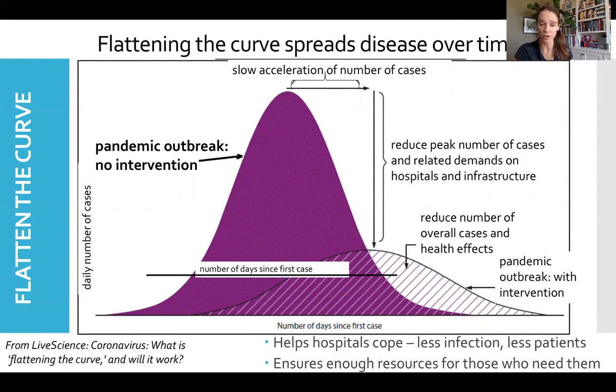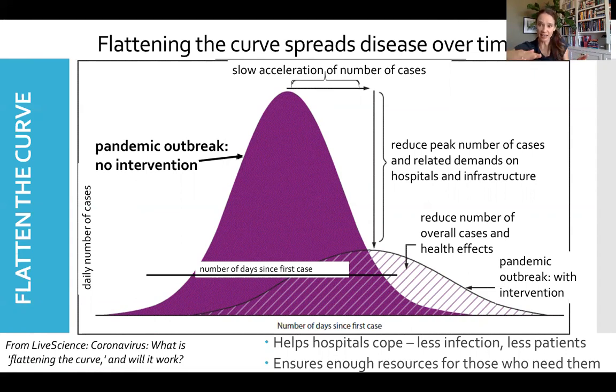Well, it's important that we don't do that because we need to make sure hospitals are available to cope with all of the people that are infected. If we have a huge spike in cases, hospitals are going to be overwhelmed. Healthcare is going to be overwhelmed. We can't take care of all the people that are sick.